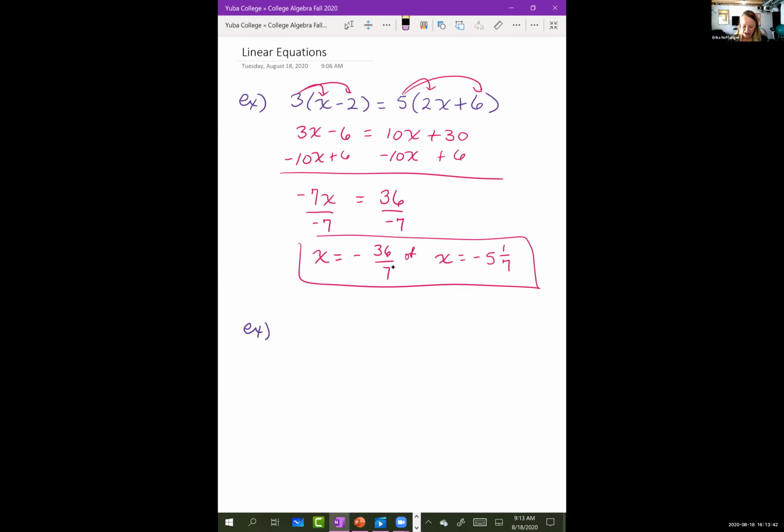Okay, so let's say you had 3 over x minus 1 is equal to just 5.